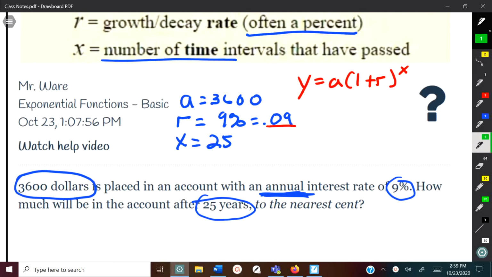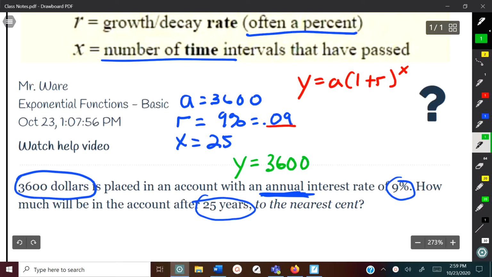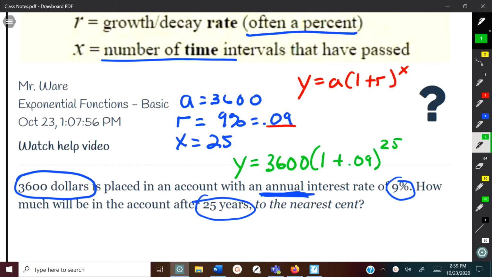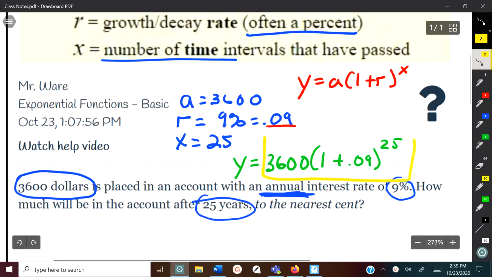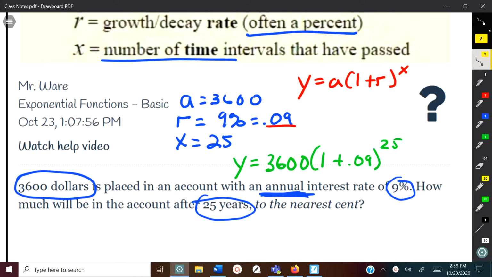So I got Y is equal to 3,600 times 1 from the formula plus R, which is 0.09, raised to the 25. And all you have to do is type this into the calculator and get your answer.